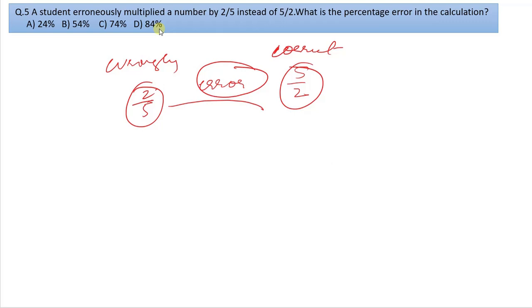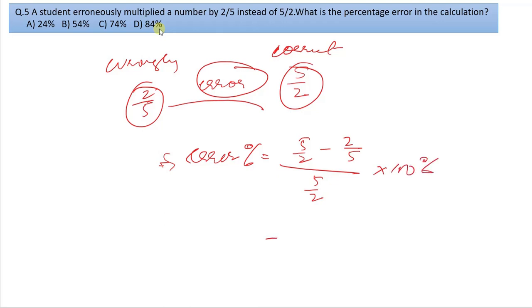So the error percentage will be 5 by 2 minus the wrong one, 2 by 5, divided by 5 by 2, into 100%.